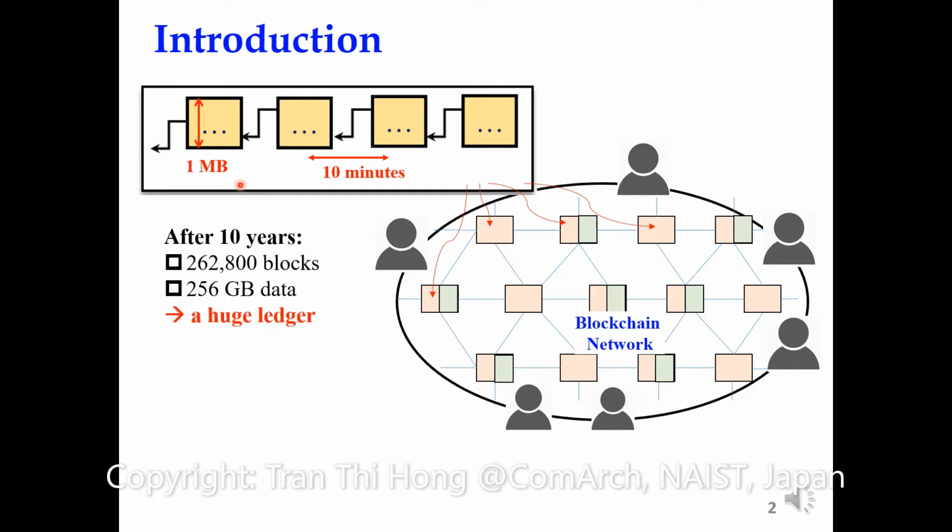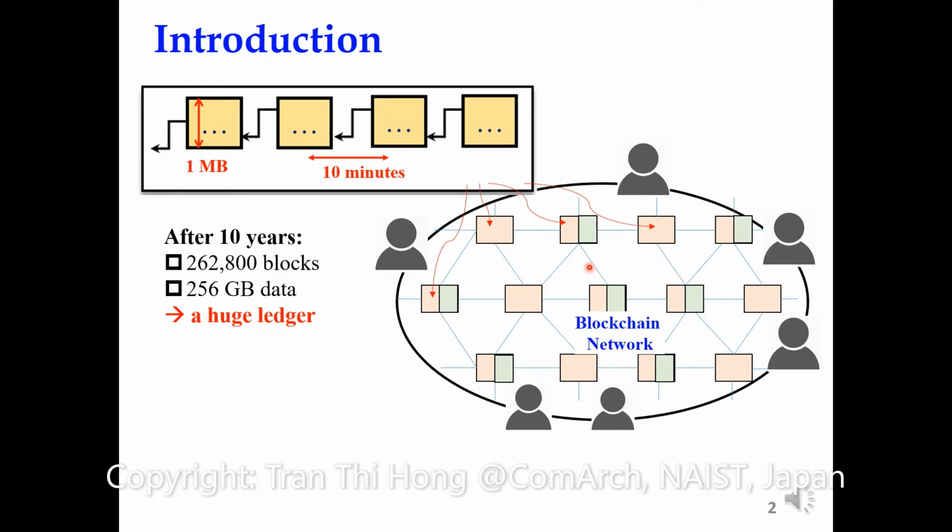Let's say the blockchain system has already operated for 10 years. It means that 262,800 blocks have been created, and the total size of the blockchain ledger would be 256 gigabytes of data.